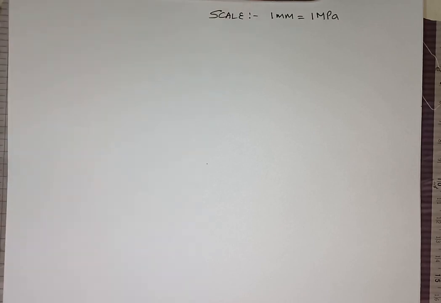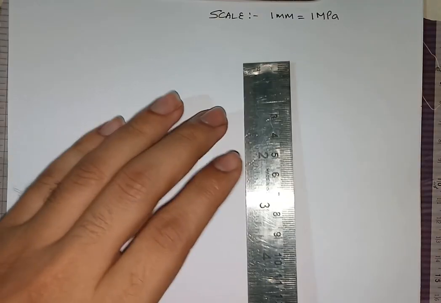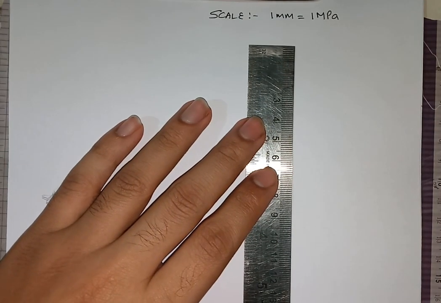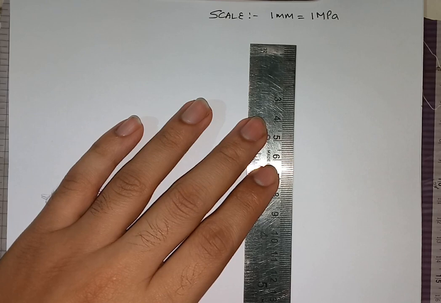So maximum value is 100 MPa, that is 100 mm. Now let us start with the drawing of the Mohr circle. Since both the values of sigma x and sigma y are negative, the majority of the Mohr circle comes on the negative side.